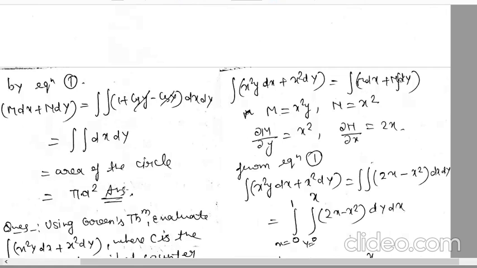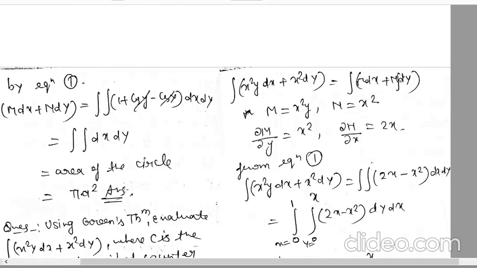So the area will be pi a square, and you are getting your answer, pi a square.